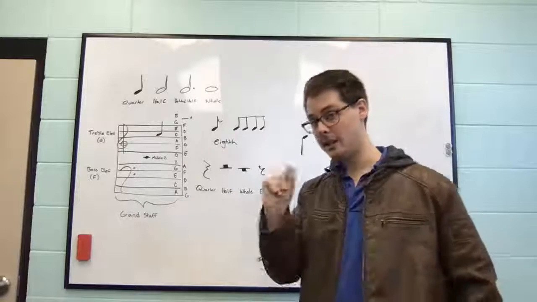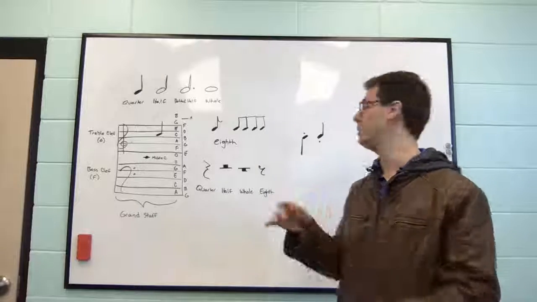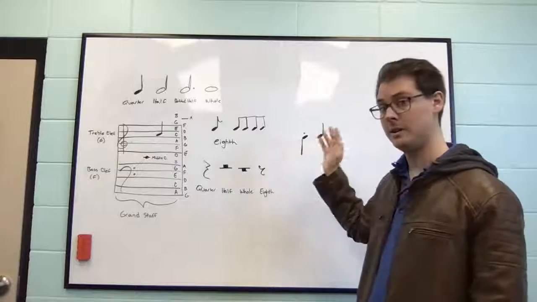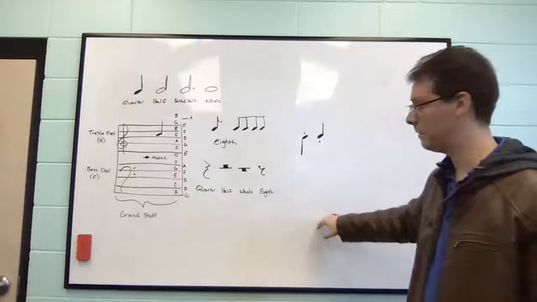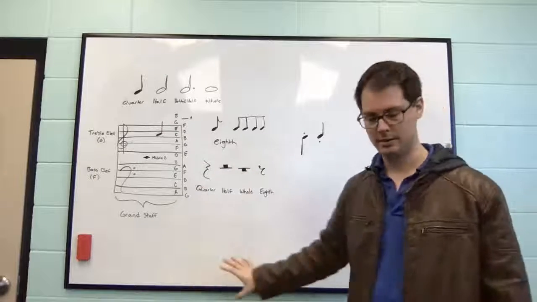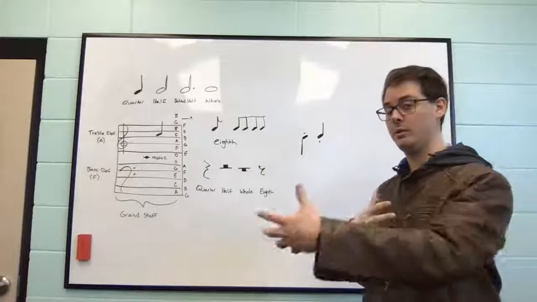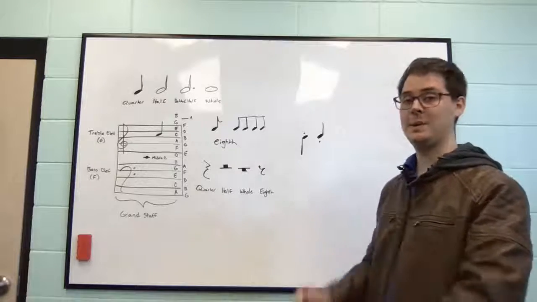So like that accent mark, similarly, same kind of shape. It's very small, but it was over or under a note specifically. Crescendo and decrescendo is over a section of notes, when you grow all of these notes from this dynamic to this dynamic.